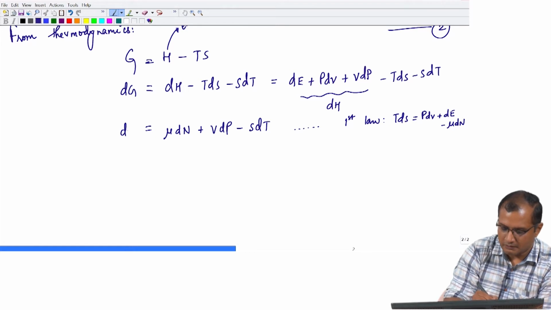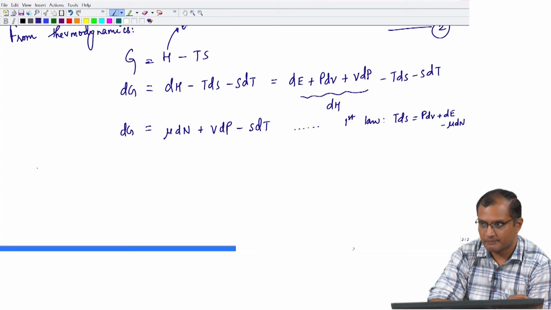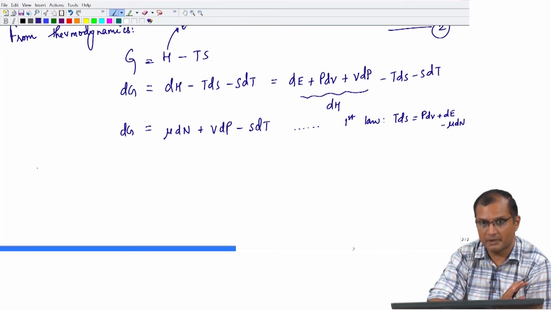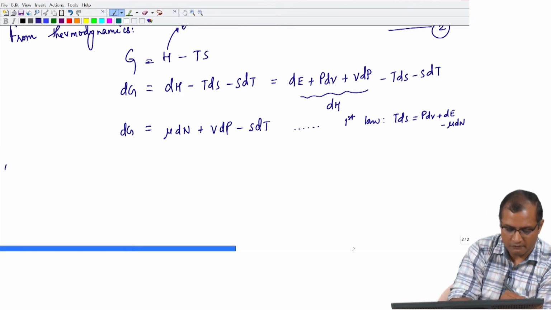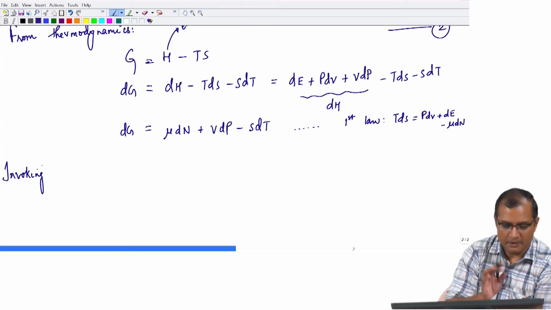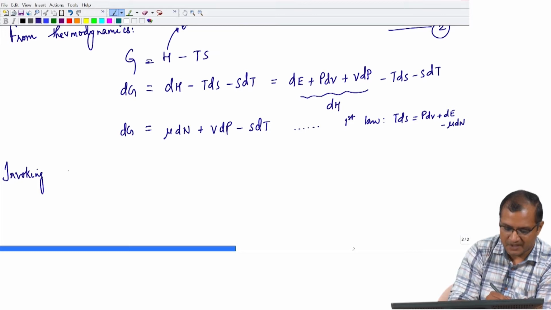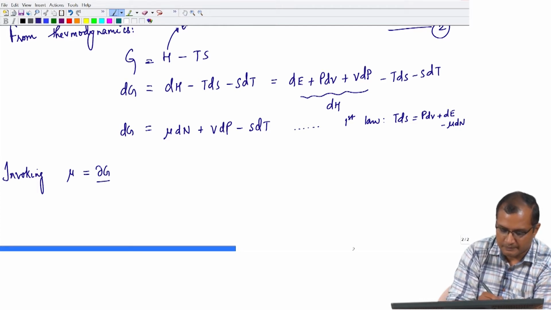I can write down each of these quantities mu, V and S by invoking the appropriate derivatives. So, by invoking the appropriate derivatives, I can compute chemical potential as dG over dN at constant pressure and temperature.